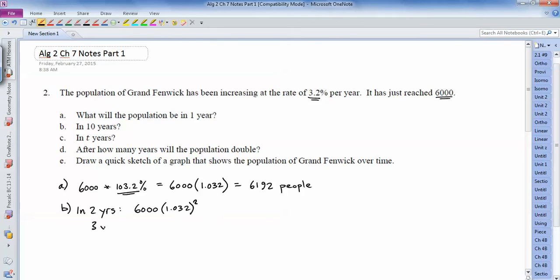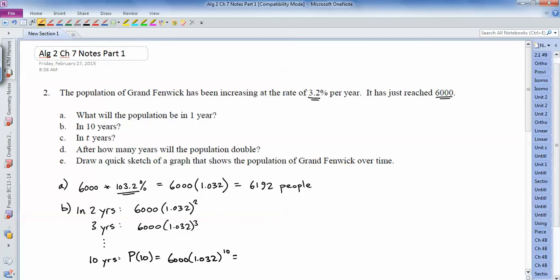And in 3 years, we'd take this answer and multiply by another 1.032, so it'd be 6,000 times 1.032 cubed, right? So I can keep going like that, and if I went all the way down to 10 years, then the population at 10 years would be 6,000 times 1.032 to the 10th.